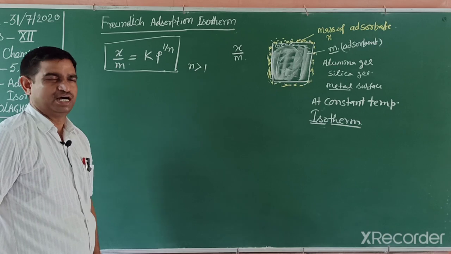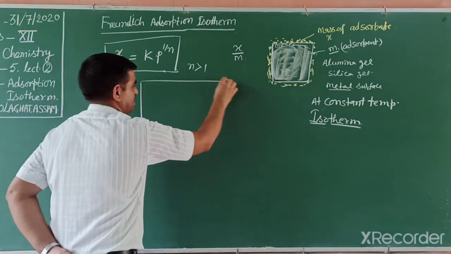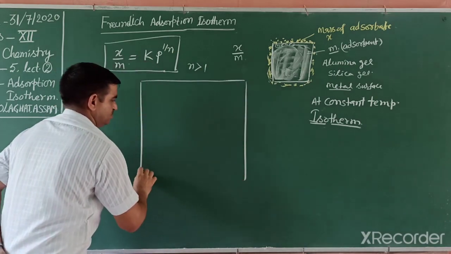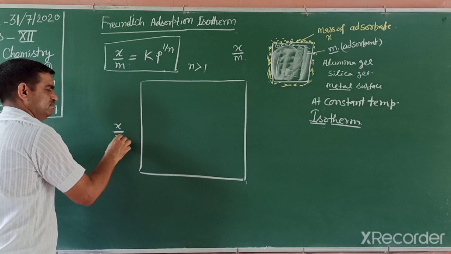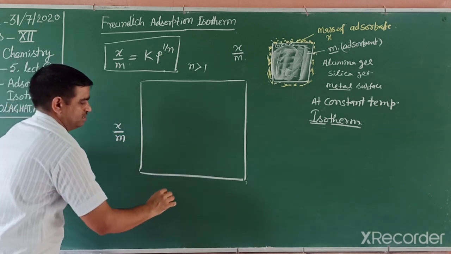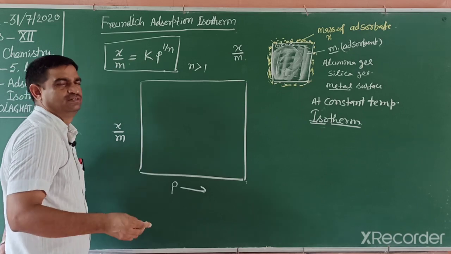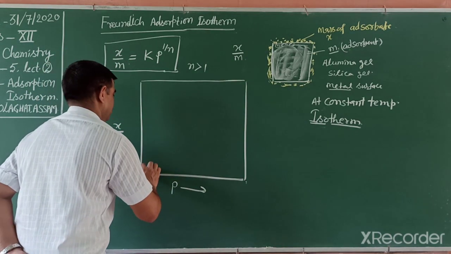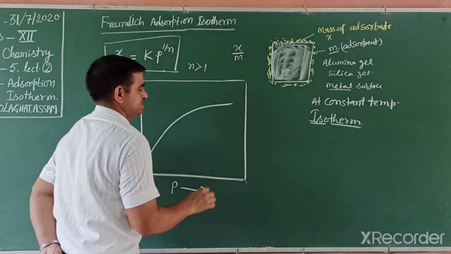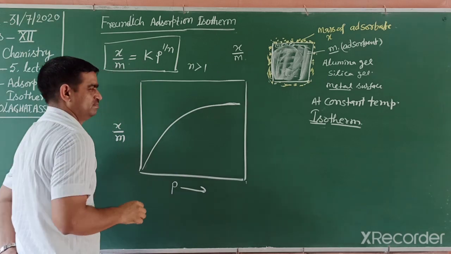If we plot the curve, we get this type of curve. This is our plot, x by m, the extent of adsorption, and on this side pressure. Students, he plotted at constant temperature, so we get this type of curve.